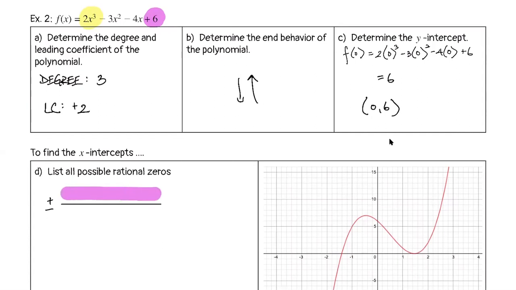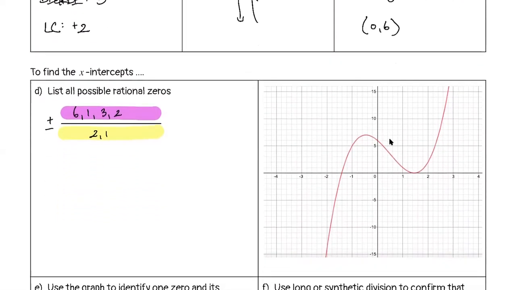And we're going to divide those by the coefficients of the yellow term, okay? So when I think about numbers that multiply to 6, I get 6 and 1 or 3 and 2, okay? And when I look at the factors of the 2, I get 2 and 1, okay?